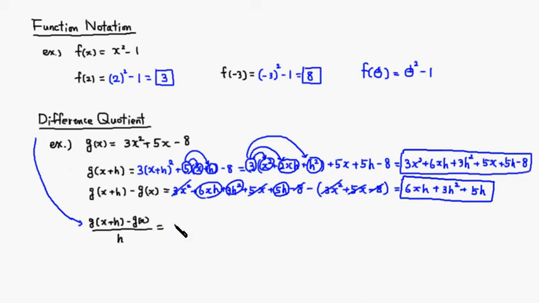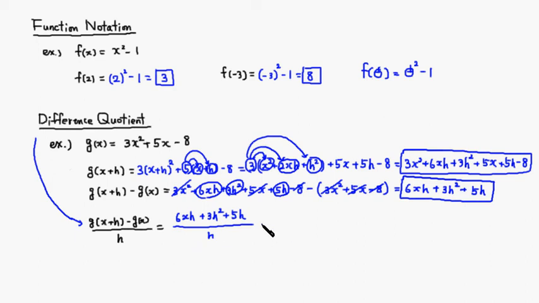Finally, we can get to the difference quotient, g of x plus h minus g of x all over h. So first, the top is exactly the same as the second one. You have 6xh plus 3h squared plus 5h all over h.